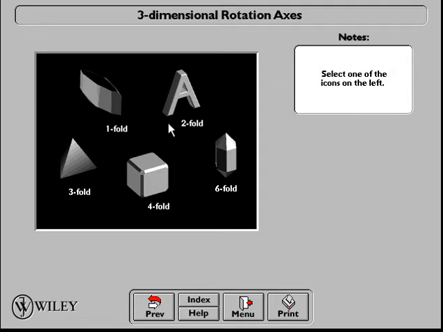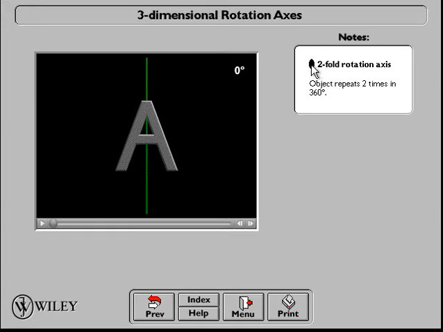So now we are going to the 2-fold axis. Here we have again the symbol for the 2-fold rotation axis. We have here the letter A. Now we are checking whether this letter A has a 2-fold rotation axis.